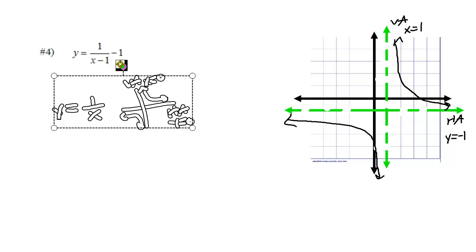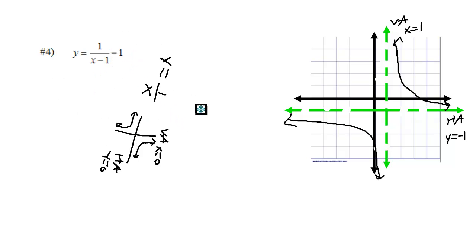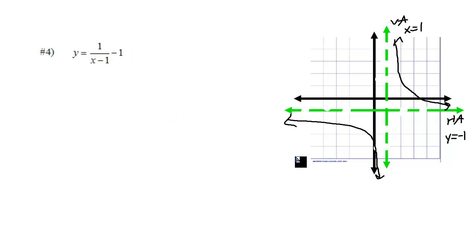So just to make sure we're on the same page here, this right here doesn't have to be shown. At this point, there's no work. I need to know what this x-intercept is. I need to know what this y-intercept is. You can ask your calculator, or you can just do it yourself. I'm going to do it myself because I think it takes less time.